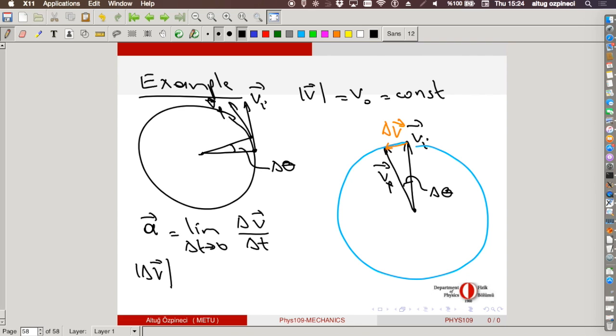Well, if their lengths are almost the same, then the length of delta V, I can just assume it is the length of that arc. But the length of an arc is nothing but the radius of the circle, which in this case is V0, times the angle, delta theta.